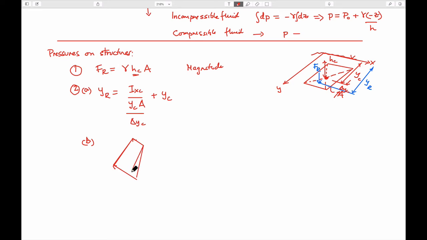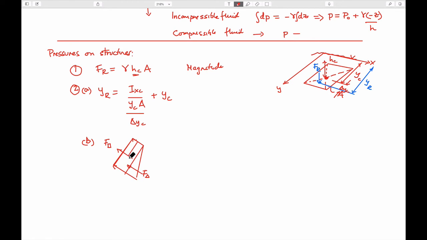Then you can always divide that into two parts and then calculate for those two parts the force that acts on the triangle, the magnitude of the force that acts on the rectangle, the prismatic distribution, and the locations of these.